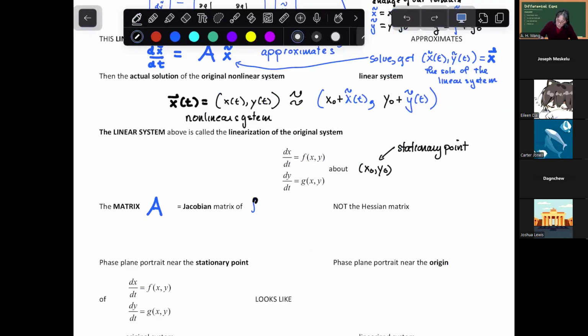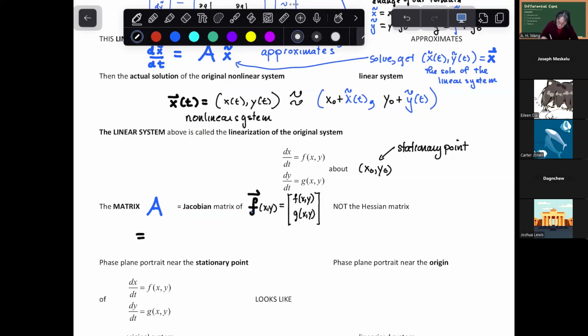Remember who the F is: it's f of xy, g of xy. So that's this, okay? So the Jacobian matrix of that, let me write that down for you.